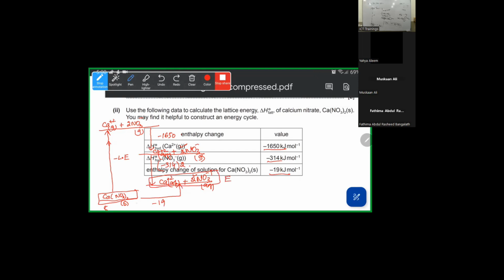So from start to end, we got minus 19, that is equal to reverse of lattice energy plus minus 1650 and plus 2 times minus 314. Okay, so if you solve it up, you will get the answer minus 2259, is it?